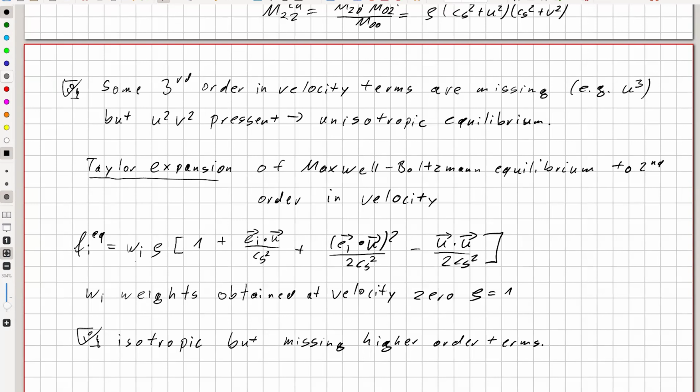You will see that the viscosity of this algorithm is dependent on velocity, which is an error. Of course, models always have errors, and one of the errors is that the viscosity is dependent on velocity, which it should not be.